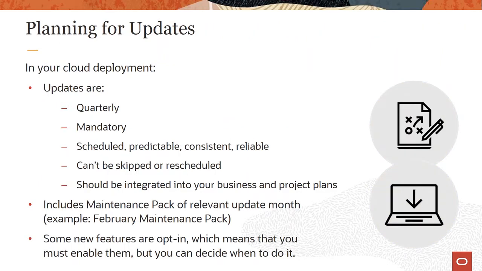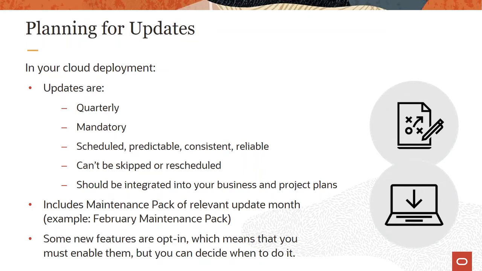Planning for updates is a very significant change in approach. Unlike the old model of delivering large-scale upgrades, maybe once a year or maybe even skipping them and installing them every 2 or 3 years and spending an enormous amount of time and effort and, of course, money on implementing the new release.